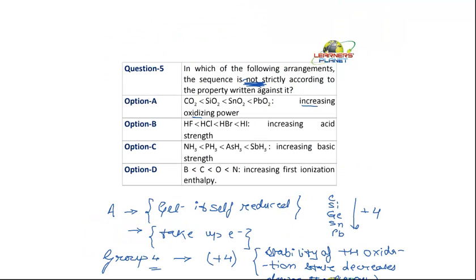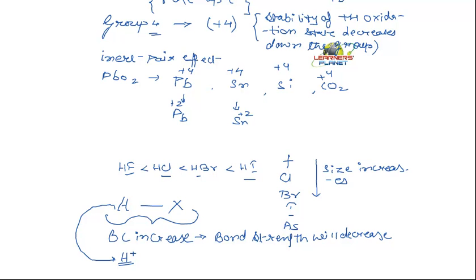Now we have got the third option, that is the increasing basic strength. What is the basic strength? What do you mean by basic strength? A base has a tendency to lose electrons.